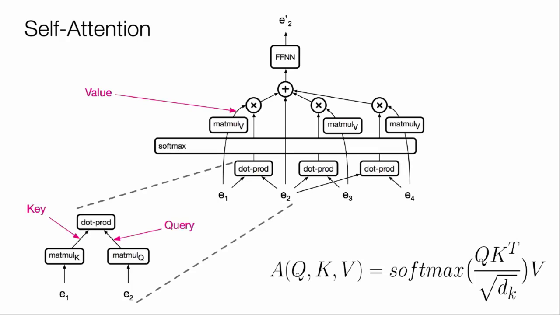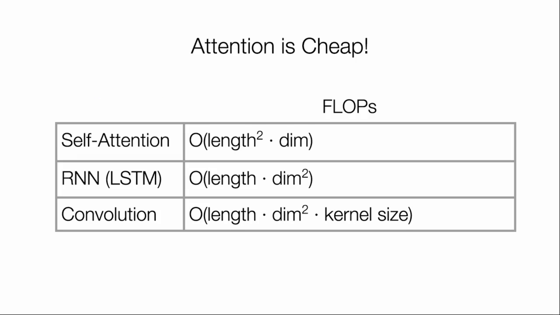The way we implement our dot product attention is that we linearly transform embeddings into queries, keys, and values, and this amounts to doing two matrix multiplications and a softmax. One great thing about attention is that it is cheap. A self-attention layer is quadratic in the length of the sequence, but only linear in the dimensionality.